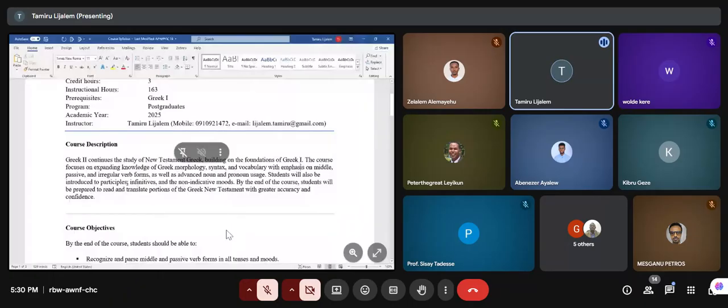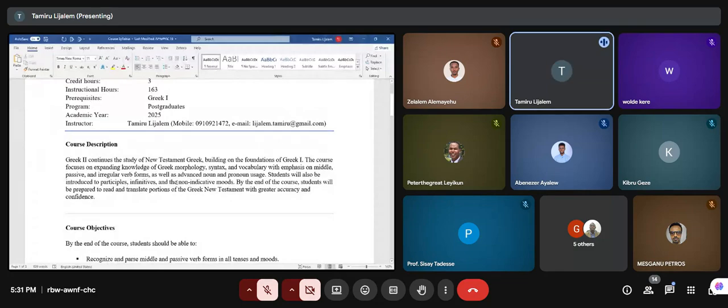Indicative mood, as in English, tells about certainty, the reality of the action, and the other moods have different levels of understanding. Non-indicative moods include participles, infinitives, optative, and the other moods, the rest.